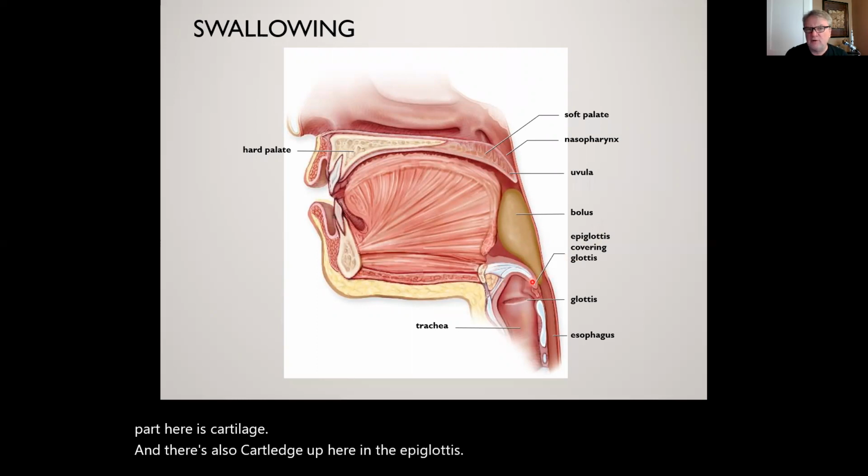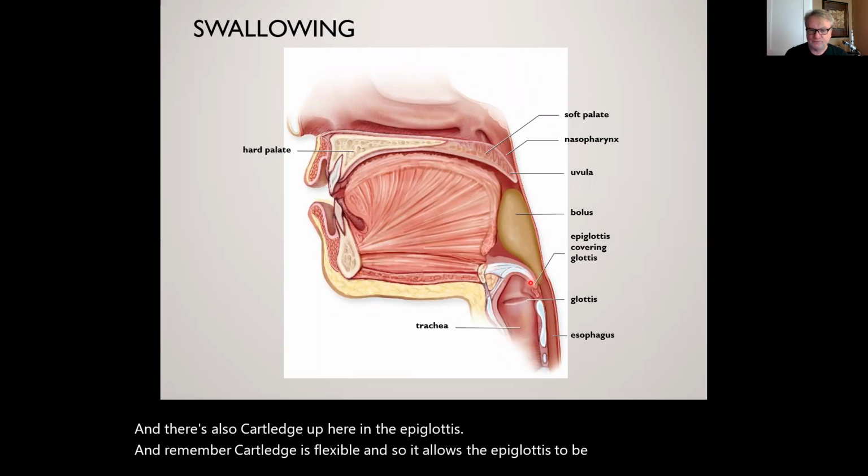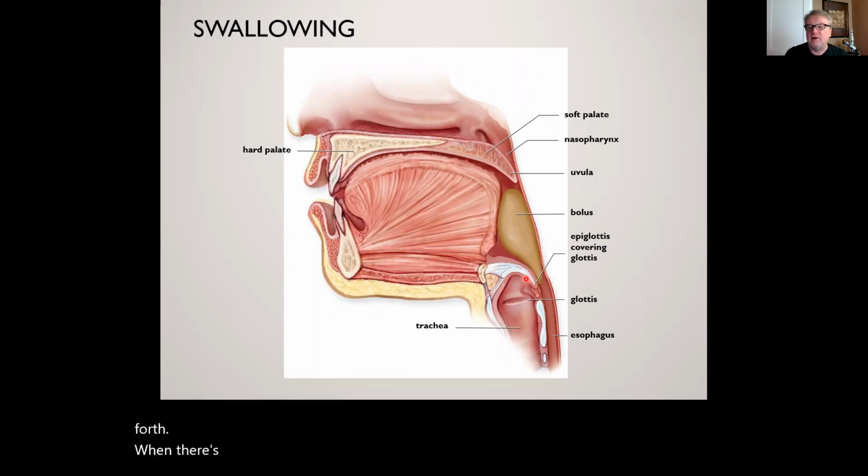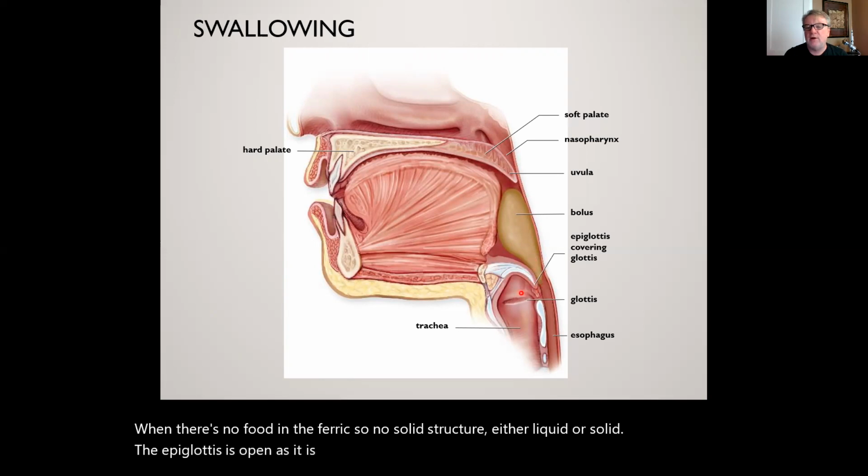And remember, cartilage is flexible, so it allows the epiglottis to be moved back and forth. When there's no food in the pharynx, no structure, either liquid or solid, the epiglottis is open as it is here to allow air to go into the trachea.